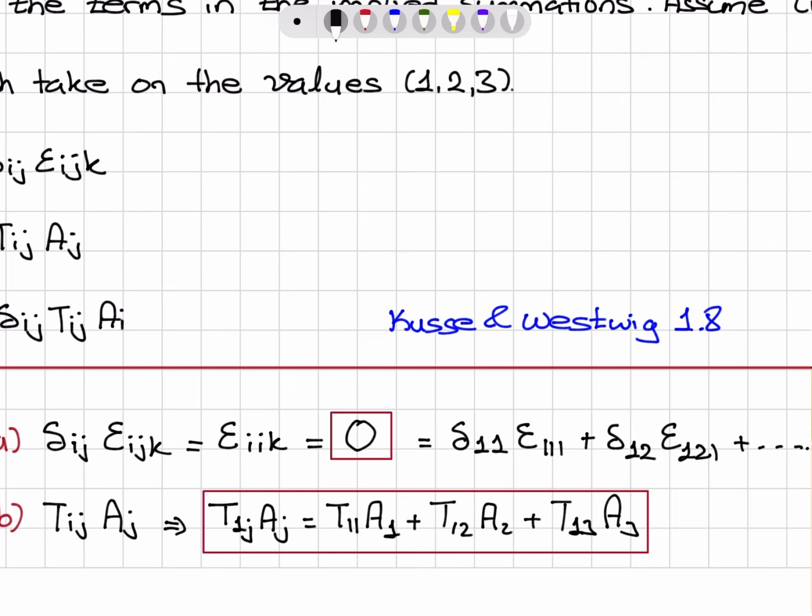And whenever you have the same indices in the epsilon, you will get a 0. So they each give 0.